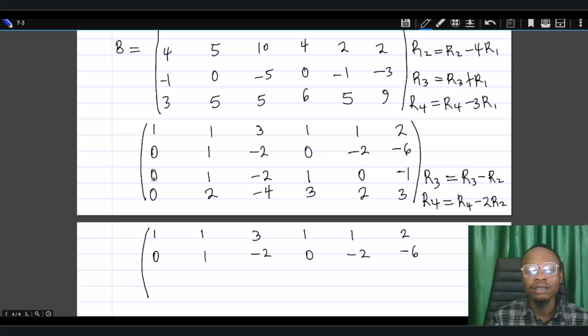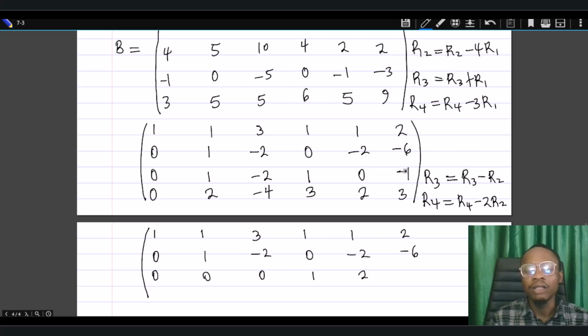And then this is R3 minus R2. So 0 minus 0, that is 0. 1 minus 1, that is 0. Minus 2 minus minus 2, that is 0. And then 1 minus 0, that is 1. 0 minus minus 2, that is 2.